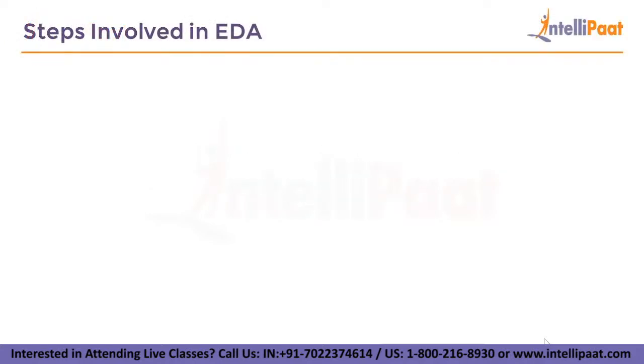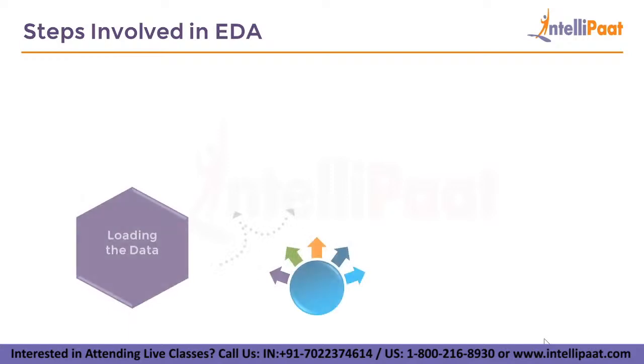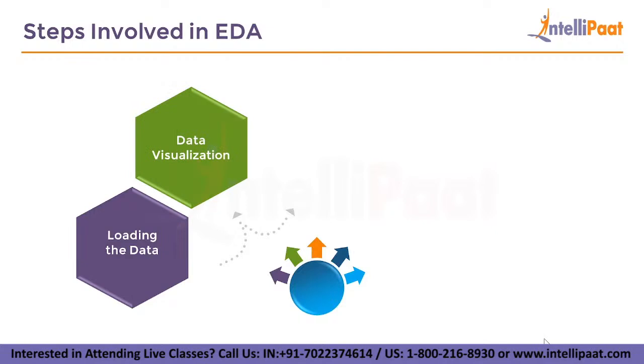So the steps involved in the EDA starts from how you load the data into your program. That is where your actual EDA begins, and that is the first step of the entire cycle also. Once you're done with loading the data, comes the data visualization, where you use the data visualization tools.